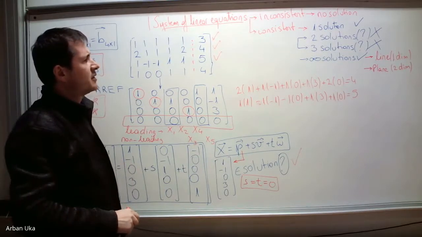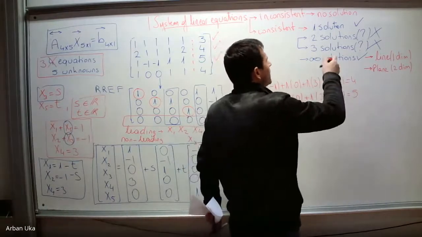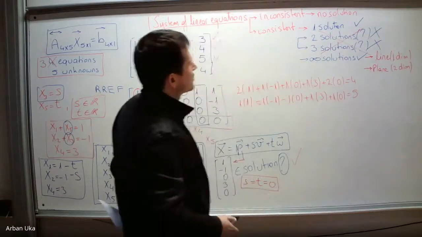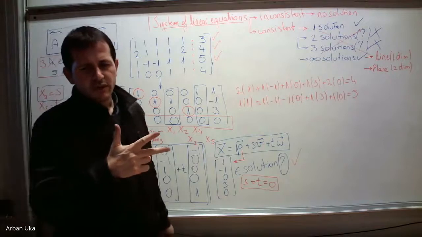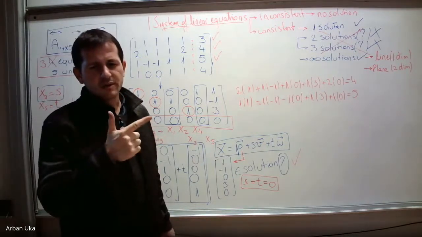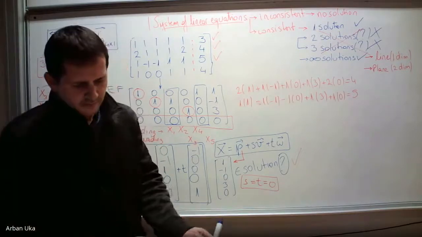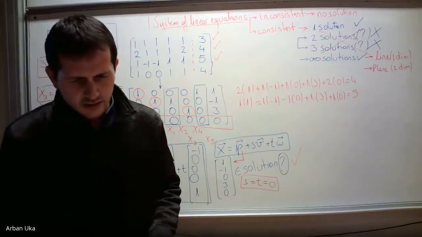We would have dimension equal to 1 if we have an infinite number of solutions, if it would be a line, and so on. But there are three possible options: a system has no solution, a system has one solution, or a system has an infinite number of solutions. So that's the 3 possibilities that one can get.